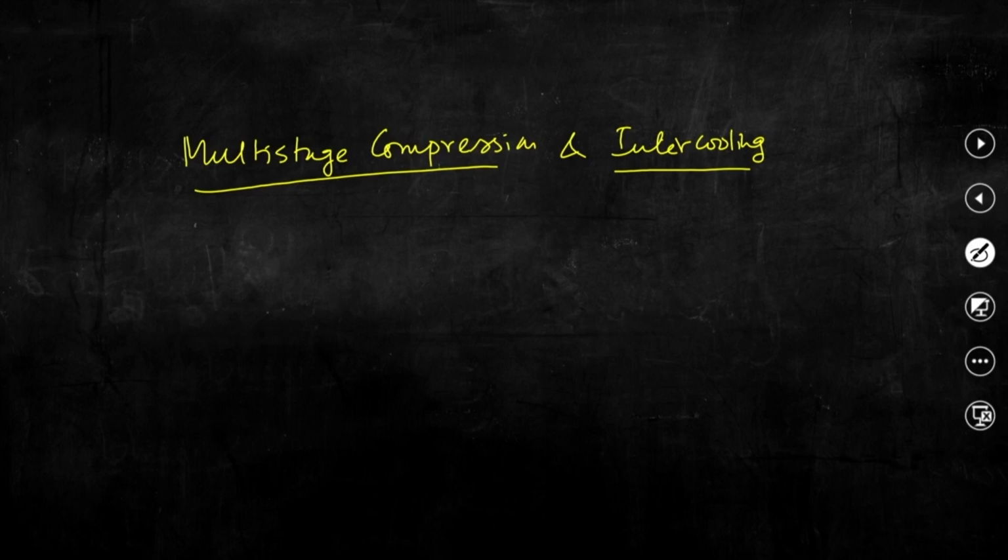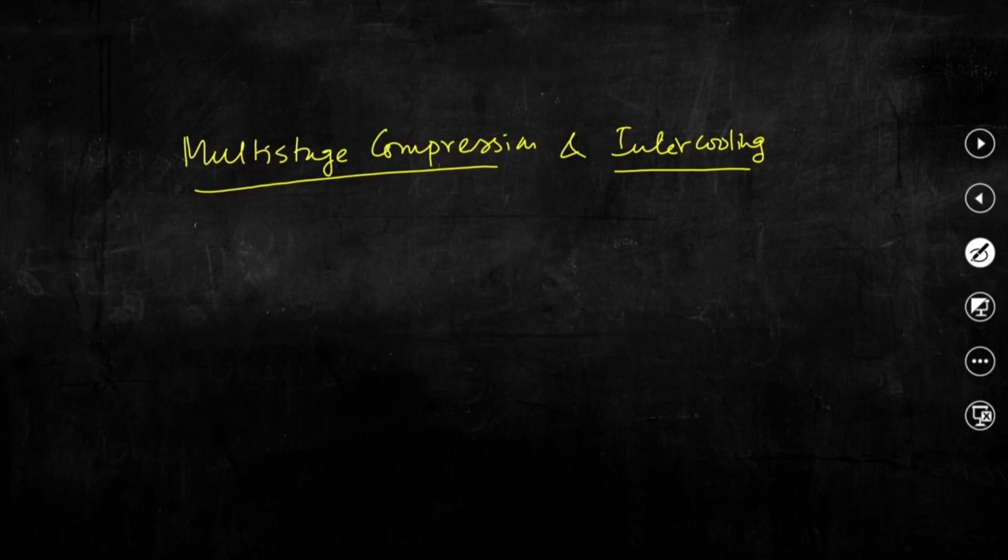First of all, if we try to recall, in the compression process, the sole purpose is to raise the pressure with an appreciable increase in density, as well as an increase in temperature as well. So, basically, when we need to supply compressed air promptly to any combustion chamber, for that we need to go for multistaging compression.